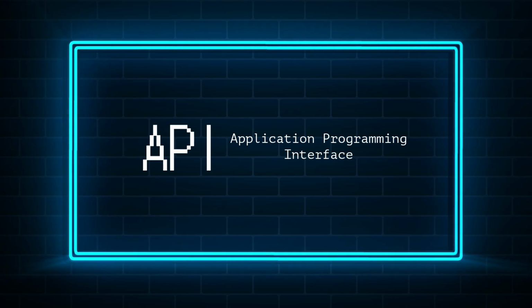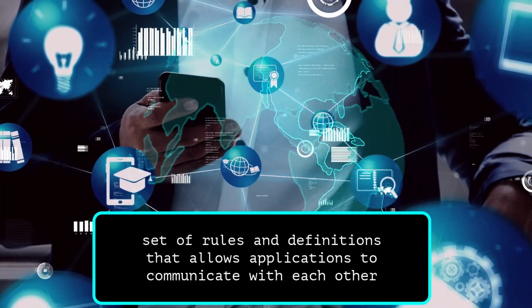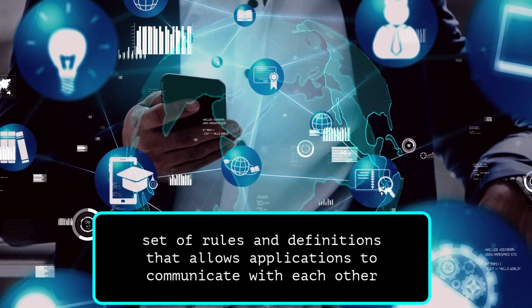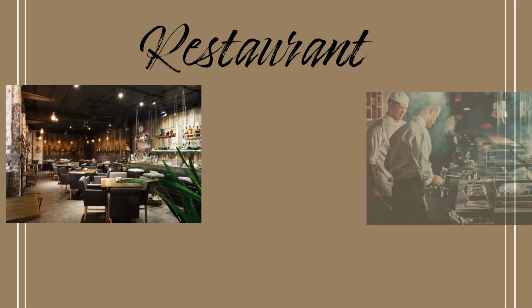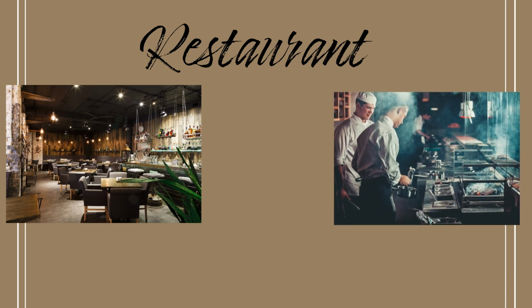API stands for Application Programming Interface. It's a set of rules and definitions that allows applications to communicate with each other. Think of an API like a waiter in a restaurant. Imagine you are sitting at a table with a menu of choices to order from, and the kitchen is the part of the system that will prepare your order.